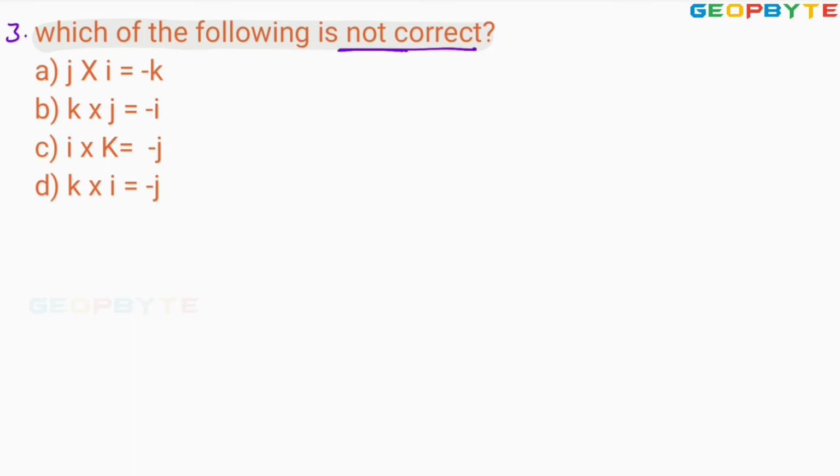Dear friends, if the position vector, let it be p bar, is represented by xi plus yj plus zk, then the important relations for the cross products are, listen carefully, i into i is equal to 0.